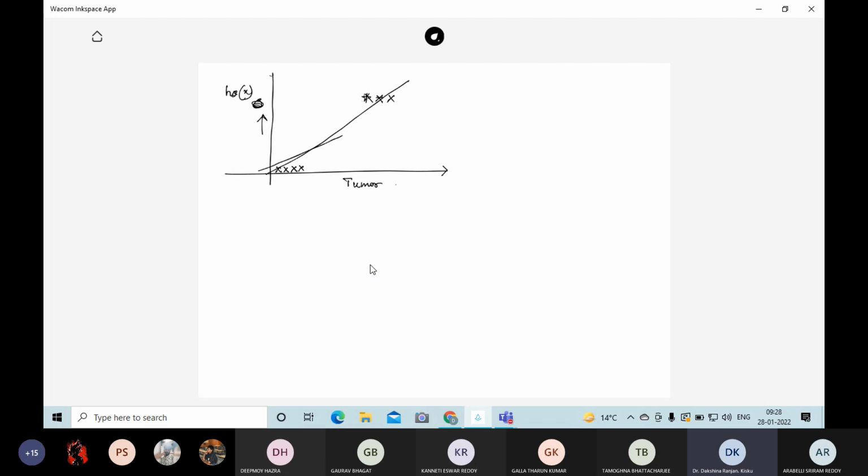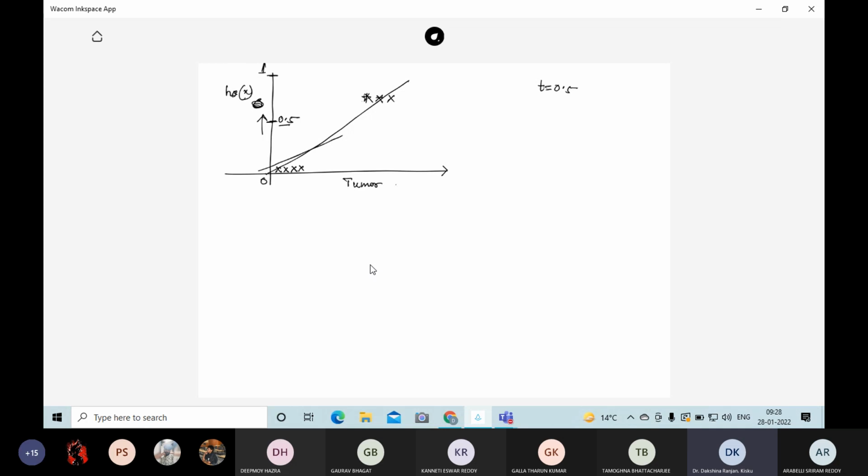Now as I decided to have a threshold t equals 0.5, we can take the middle of the upper bound 1 and the lower bound 0, which would be 0.5. So this 0.5 is the threshold.